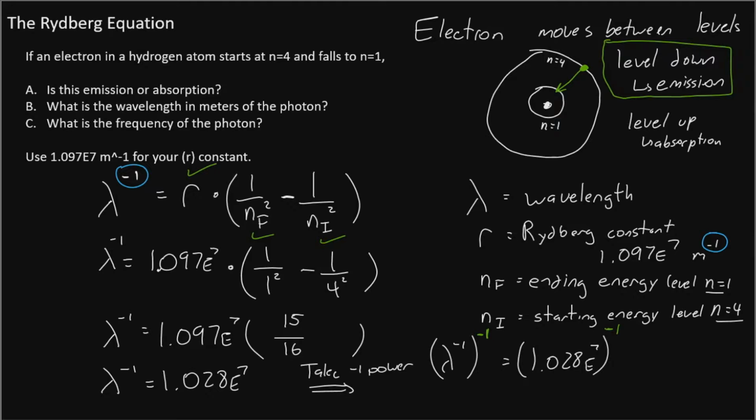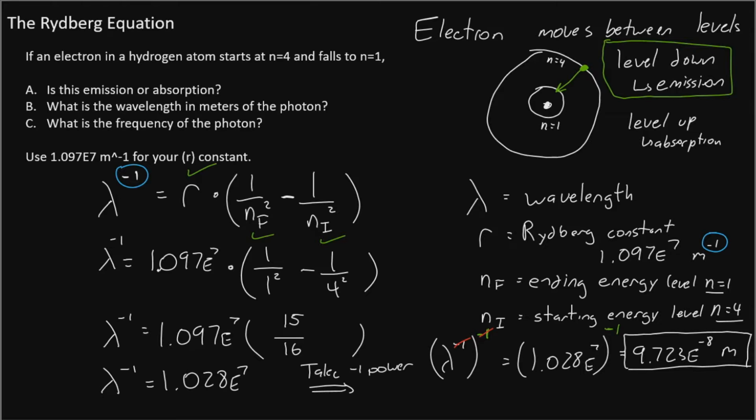The negative 1 and negative 1 on the wavelength will cancel out. And so our answer is 1.028 times 10 to the 7th, the quantity raised to the negative first power. When we place this into a calculator, we'll get 9.723 times 10 to the negative 8th power, and our answer will come out in meters.